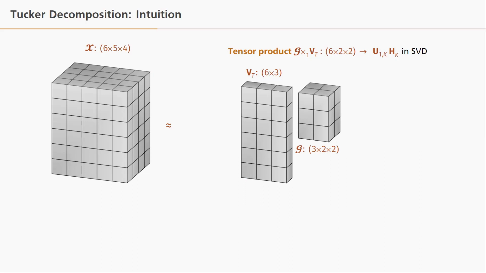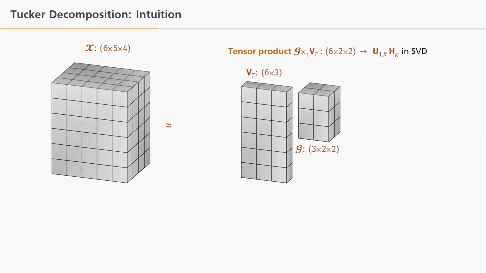When you multiply it out, this will be a 6 by 2 by 2. This is the first part of the SVD, like U1 times X. So this is like G, and this would be the VT here. Note that the VT is the first dimension.